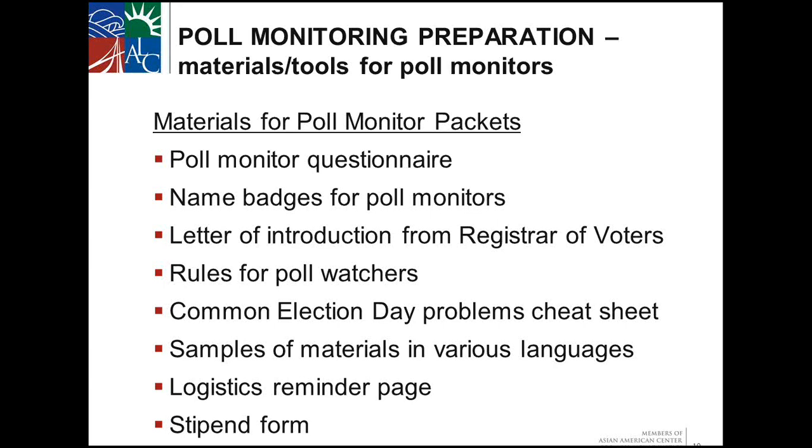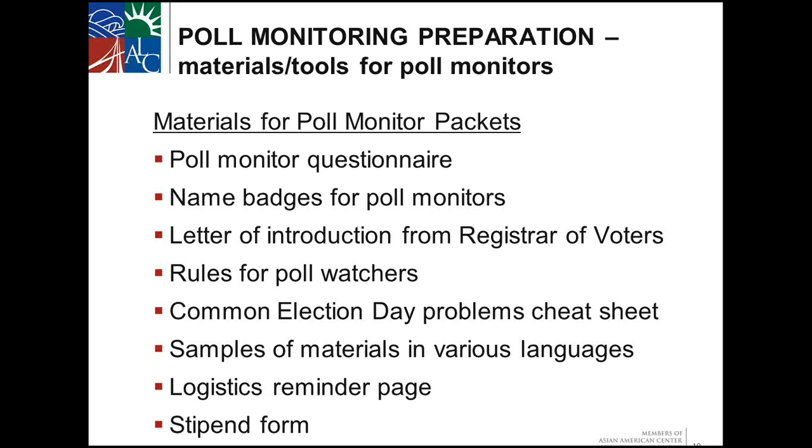This, of course, includes a sufficient number of poll monitor questionnaires, name badges for those volunteers so they can identify themselves, a letter of introduction from the ROV or their credentials, however your jurisdiction handles that issue, the rules for poll watching so that they always can remember what the framework is for what they're doing at the poll sites, a list of common Election Day problems, a little cheat sheet. We talked about some of those problems earlier. Having a little cheat sheet that outlines those problems so that they can keep in mind things to look for when watching voter interaction with poll workers.